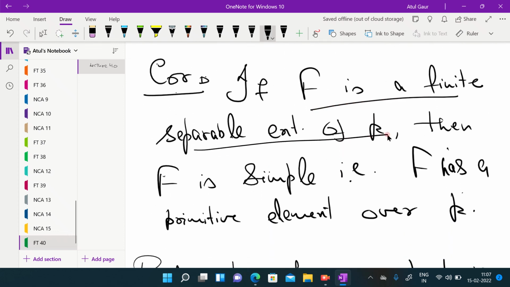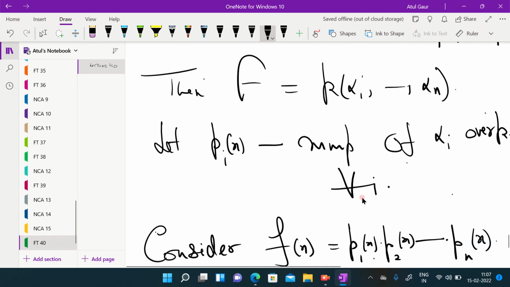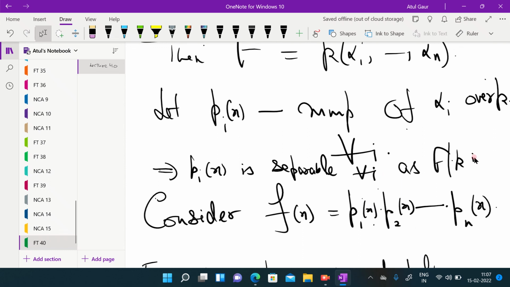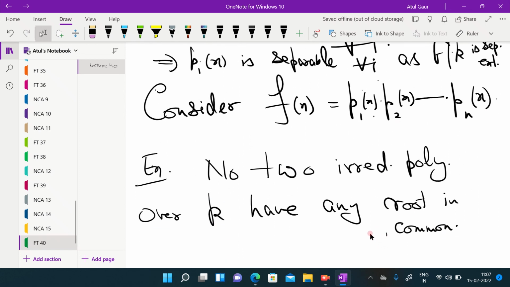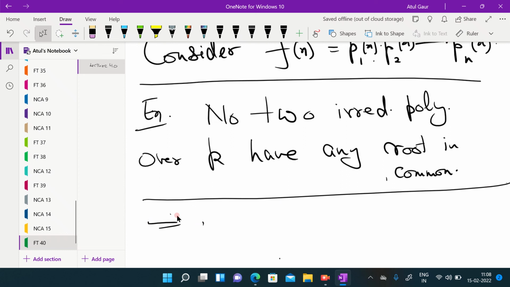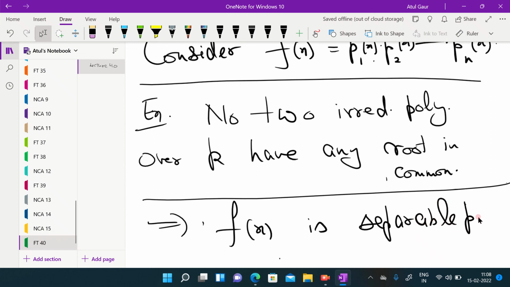F is separable, so all these elements are separable elements. So p_i x, the minimal polynomials, are all separable polynomials. This is for all i, as F over K is a separable extension. So the product of separable polynomials will also be separable, right? And this would mean f(x) is a separable polynomial, because all the p_i's have distinct roots and no root is common to any two, so the product is also separable.